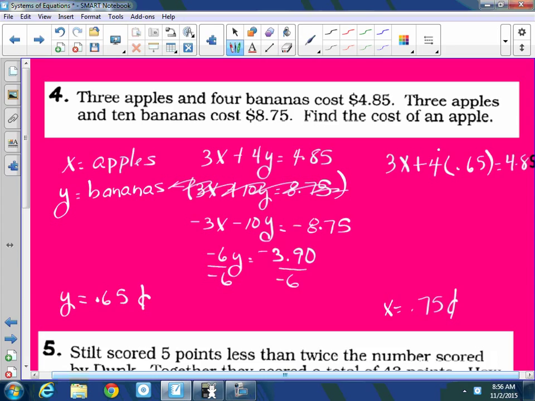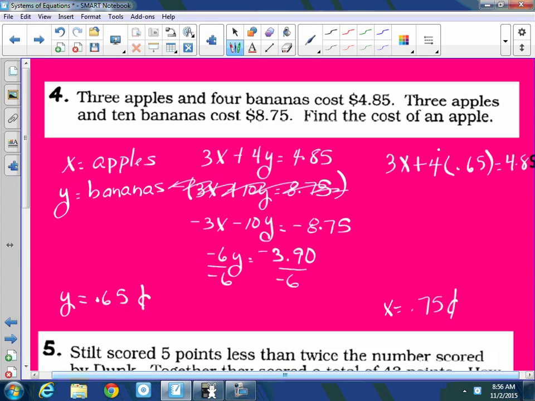All right. How can I make sure that that x and that y are correct? I have to plug it back in, right? And then when I buy 3 apples and 4 bananas, I should have a total of $4.85. Now, I'm going to tell you this right now. This is what I'm going to do Friday on the test.